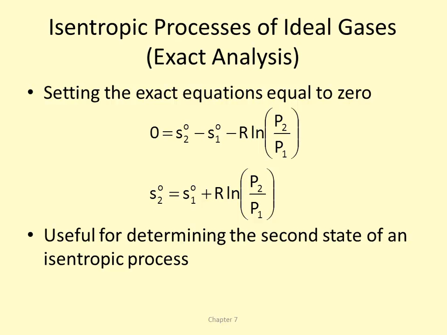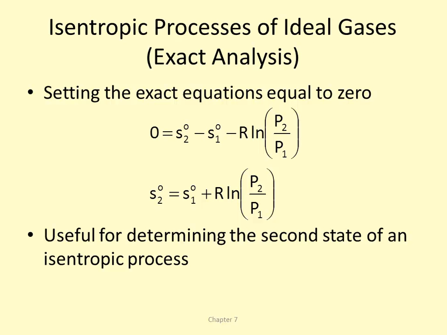So let's say we knew the pressure change, we could plug it in here, and we knew the initial temperature, we could look up S1, plug in the pressure change, and then find S2, go back to our table and see which temperature corresponds to that S2 reference entropy. Okay, so this is a way to calculate the second state when your process is isentropic and specific heat does vary.